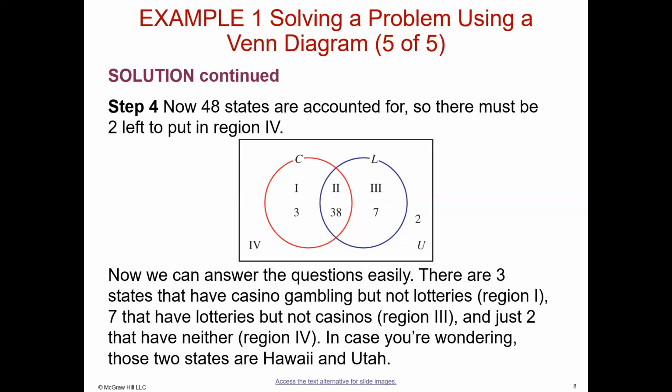I find that very interesting. Hawaii doesn't have casinos or lotteries. I find that actually amazing. Utah, I can understand in a way that they don't. But Hawaii, that's a new one on me. Do you think Nevada has any of these things?